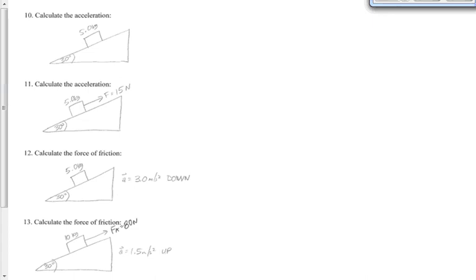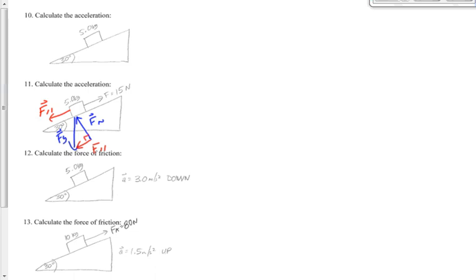Gravity acting straight down, and the normal force acting perpendicular to the surface. Then there's a force that joins the 2 together, which is really the combination of the normal force and the force of gravity. We call that F parallel. F parallel is 90 degrees to the normal force, always.